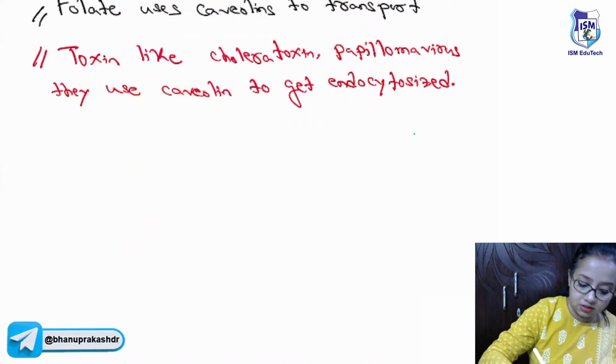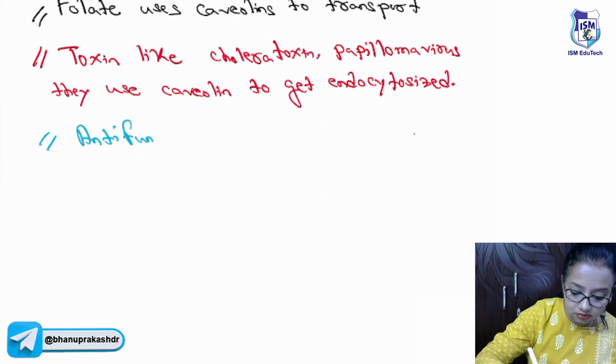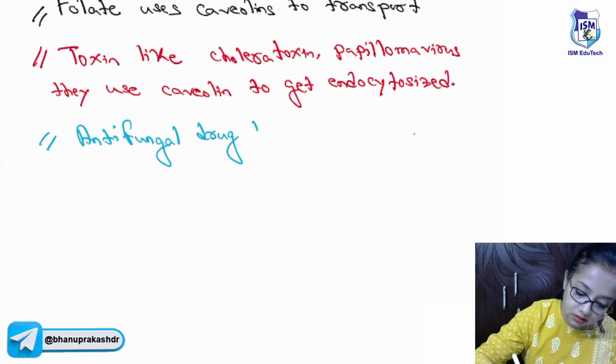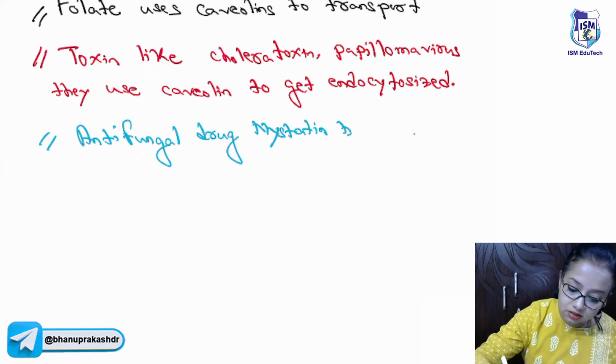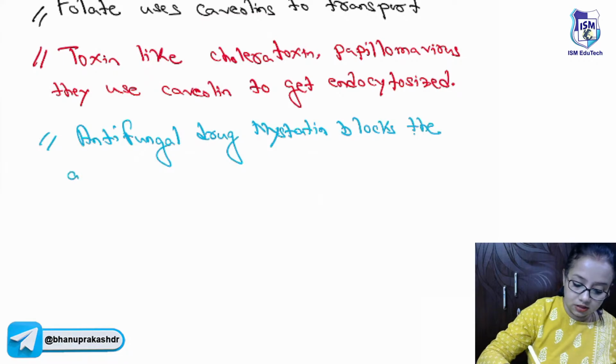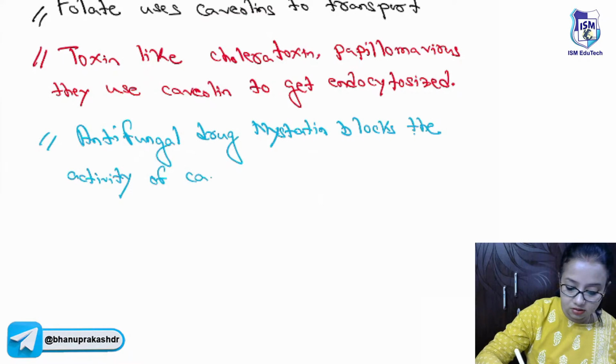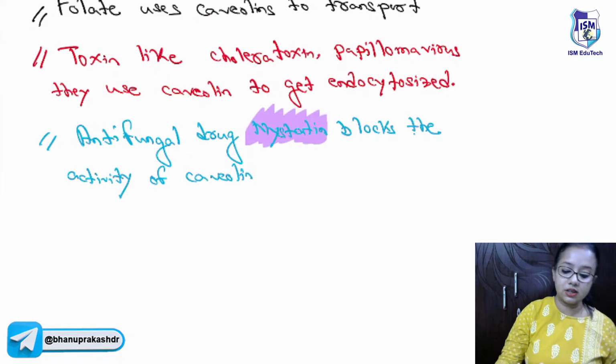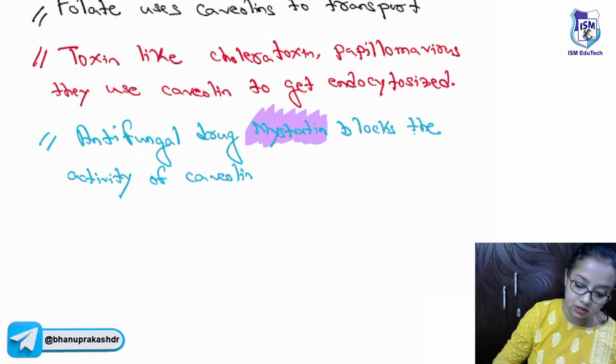The pharma link to it is that the antifungal drug nystatin blocks the activity of caveolin proteins. These are the important characteristics of the proteins involved in endocytosis.